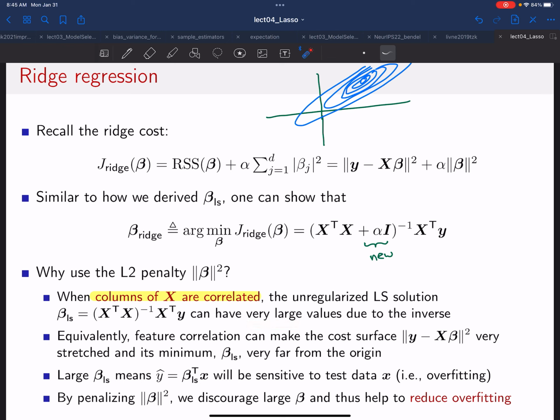And the result is that your test prediction will be very sensitive to test data, which is another way of saying overfitting. So what people tend to do is penalize the norm of beta squared, which, as you can see, directly discourages large betas.